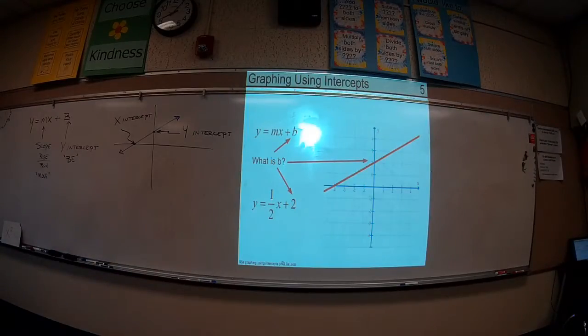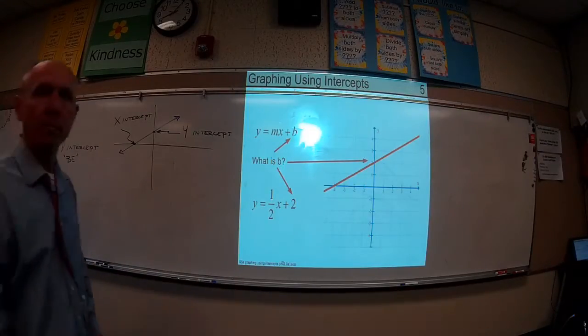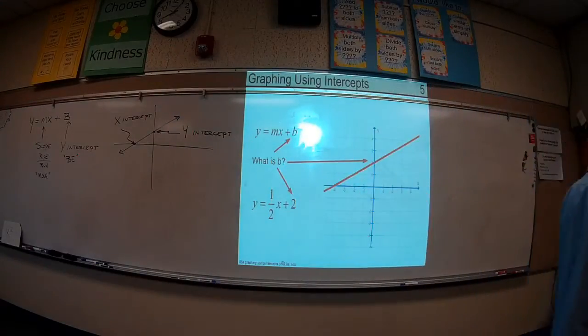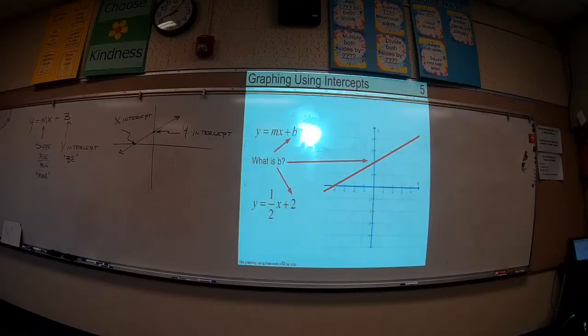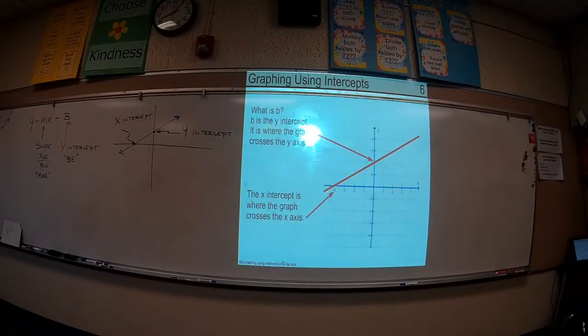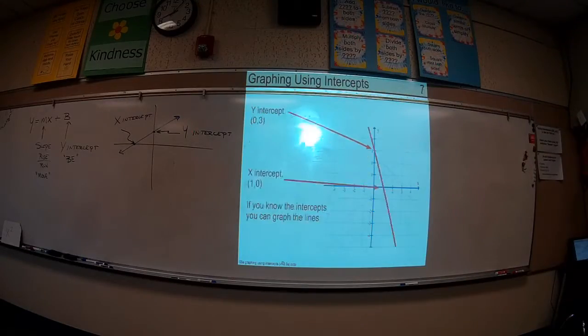Label those x-intercept, y-intercept. If you have the two intercepts, you have the line. If you just get those two points, the line is right there. The question becomes, how do I get those two intercepts?